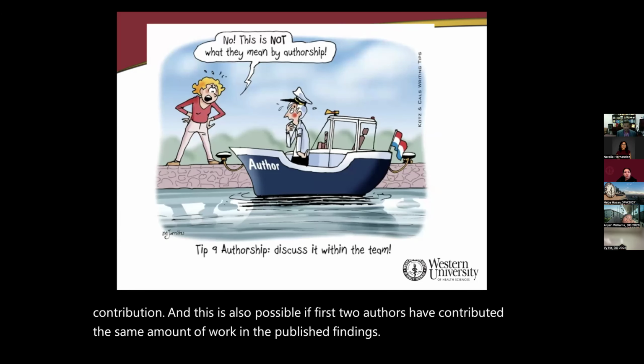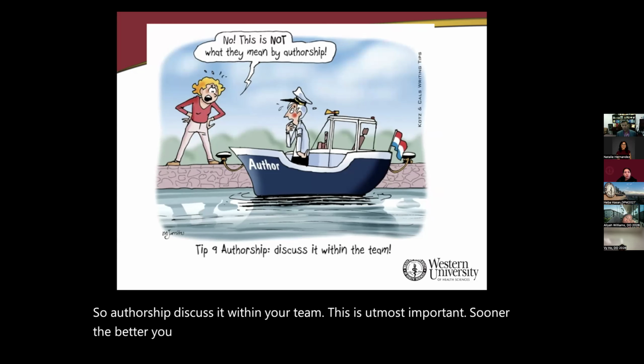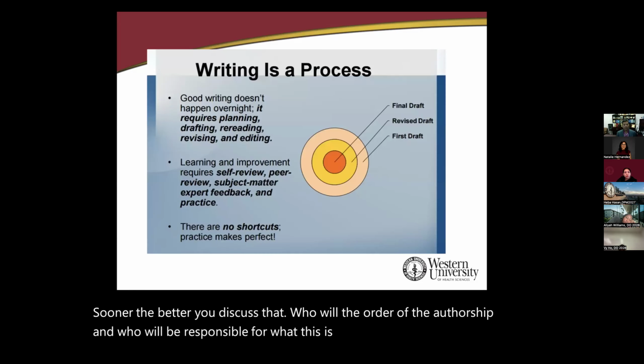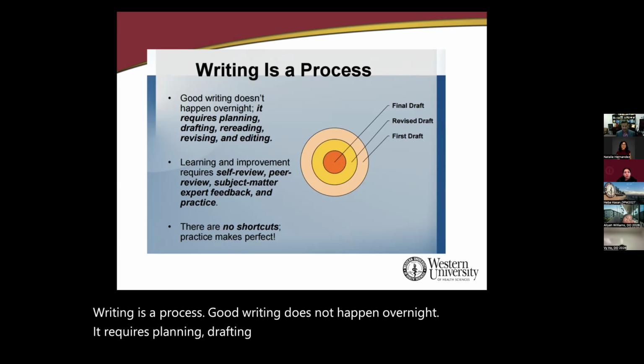So, authorship: discuss it within your team. This is of utmost importance. The sooner the better, you discuss the order of the authorship and who will be responsible for what. Writing is a process. Good writing does not happen overnight. It requires planning, drafting, rereading, revising, and editing.